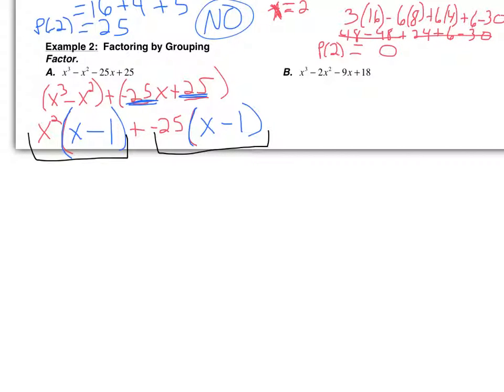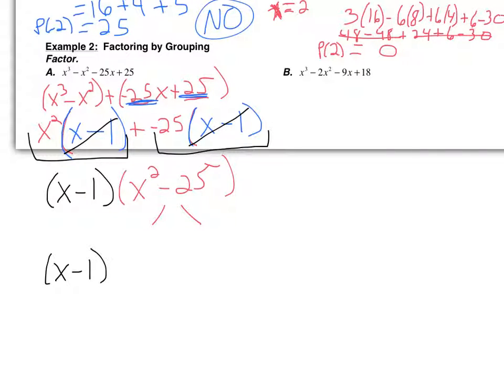So I can say both of them have x minus 1 in common, so I am going to factor out x minus 1, and then what's left is x squared minus 25.